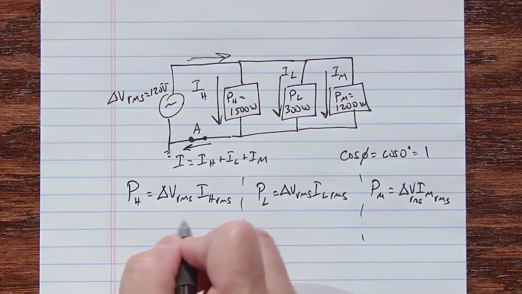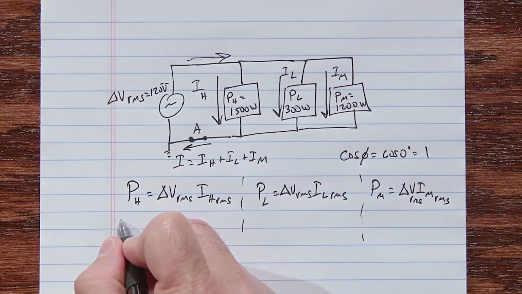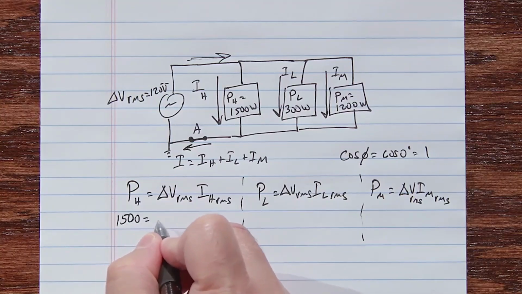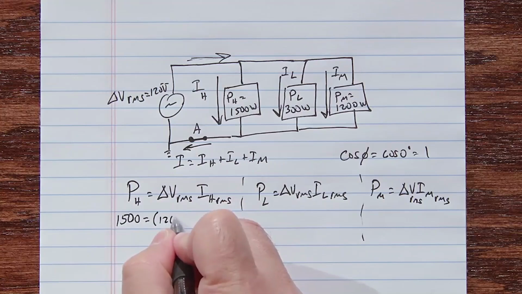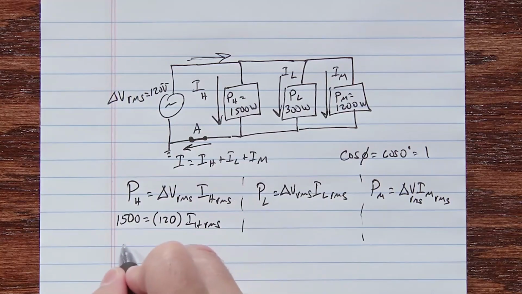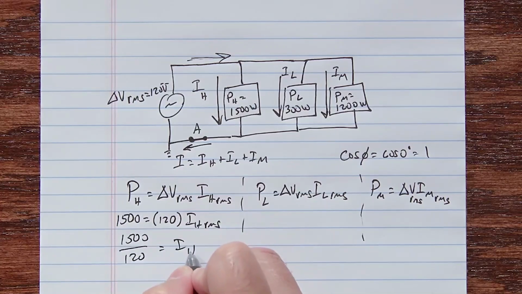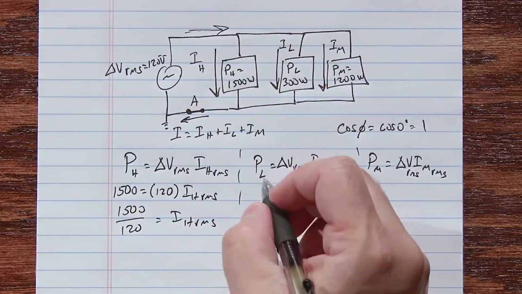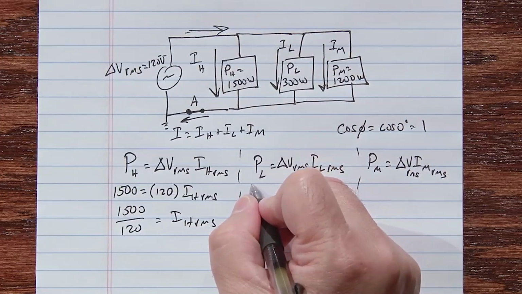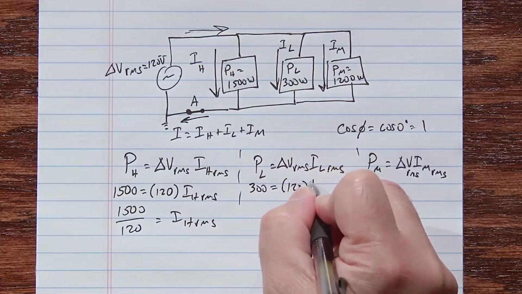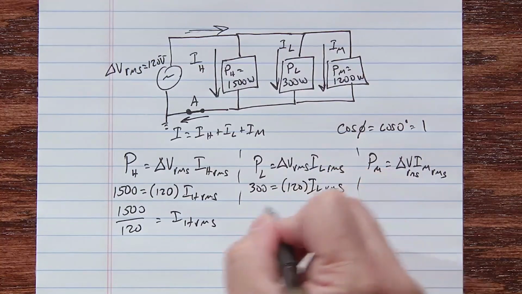Okay, so the power to the heater is 1500. Delta V RMS is 120 times I heater RMS. So 1500 divided by 120 is equal to I heater RMS. And I'll go ahead and do that for the other ones as well. The power to the lamp is 300, and that's going to be equal to 120 times I lamp RMS.